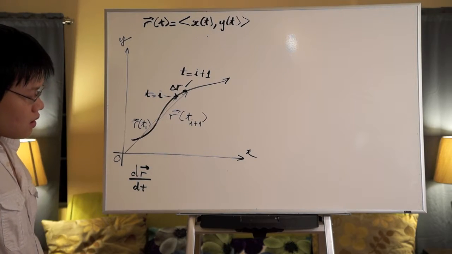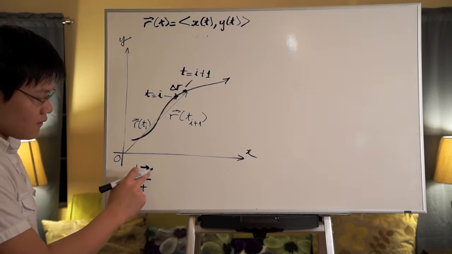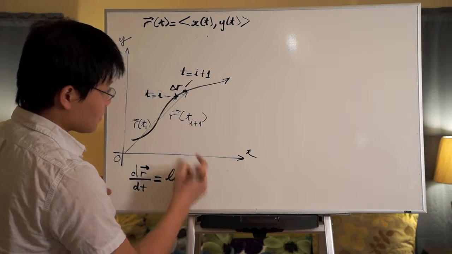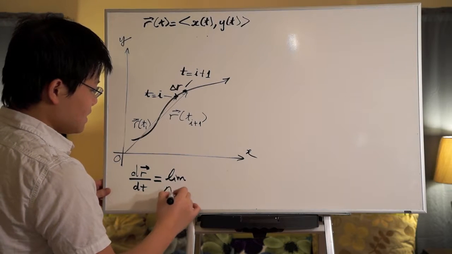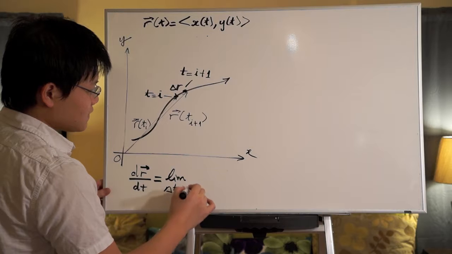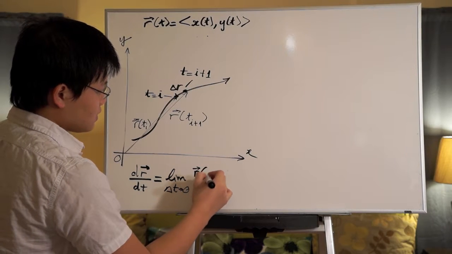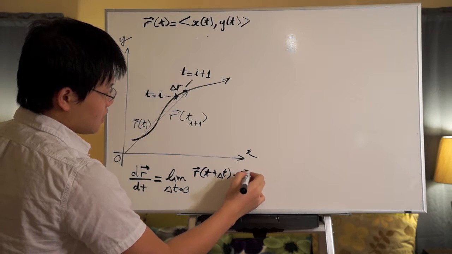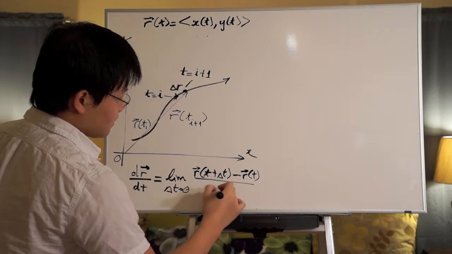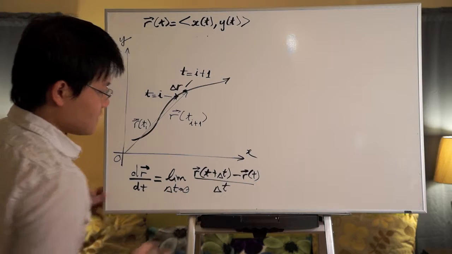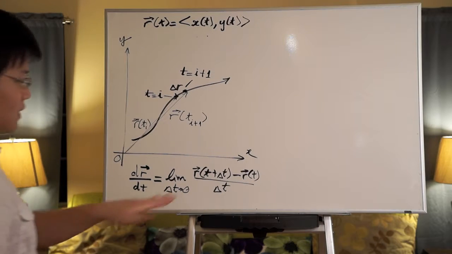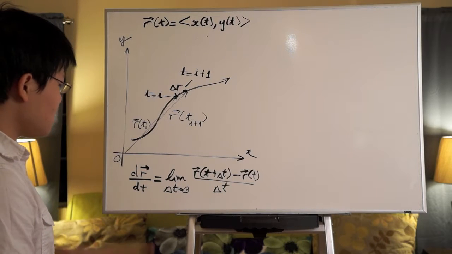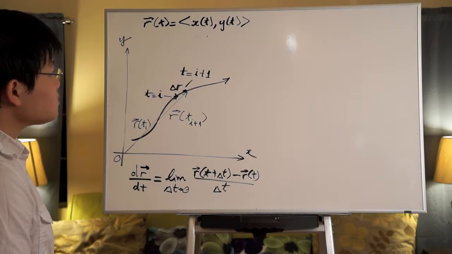So dr vector over dt will be equal to the limit as delta t approaches 0 of r(t plus delta t) minus r(t) over delta t.